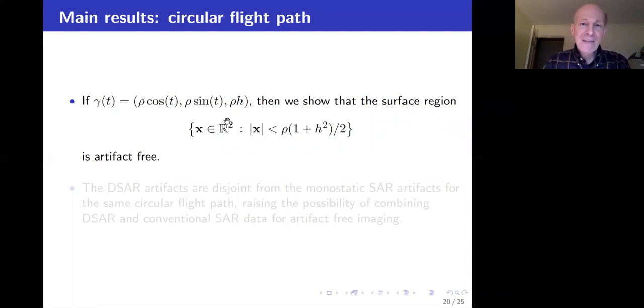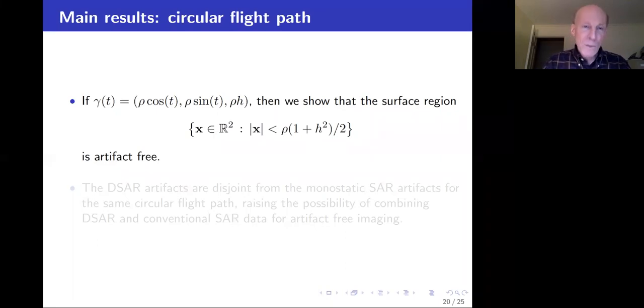And what we show is that if you look at the surface region, which is the disk centered at the origin of radius rho times the dimensionless number square root of (1 plus h squared) over 2, then the canonical relation is artifact free. The operator is artifact free over that region. And therefore, if you beamform to that region, you'll get good imaging. It's as if the Bolker condition is satisfied.